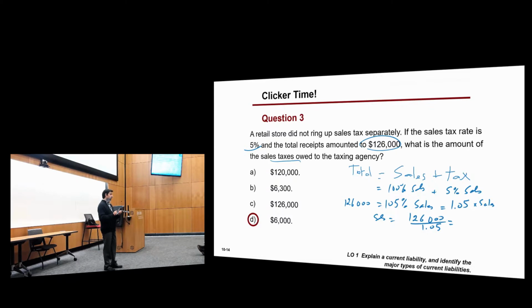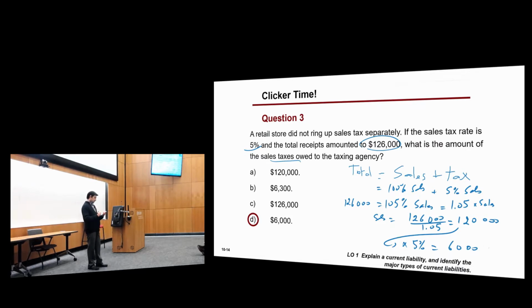That's equal to 120,000. Multiply this by 5%, it will be equal to 6,000. This is tax. Any questions?